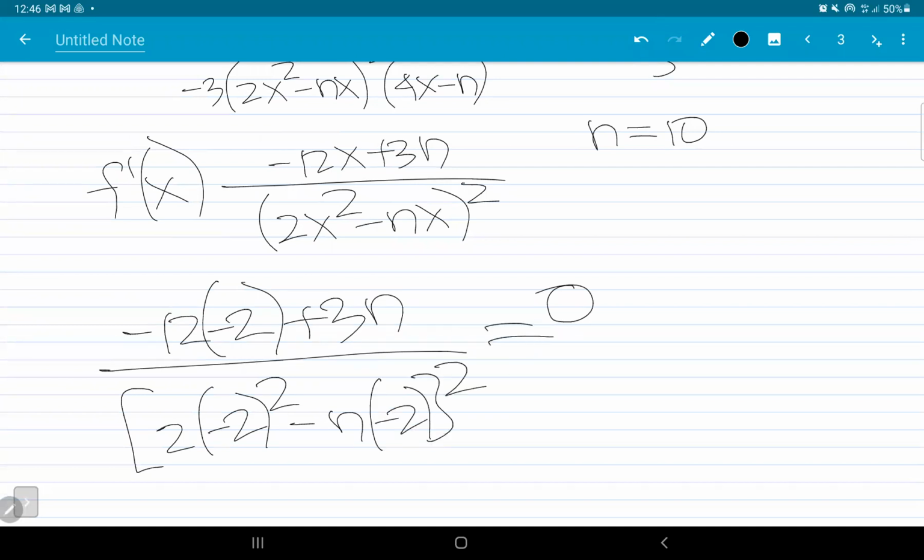Then it will zero out, resulting in an equation that allows you to solve for n. So yung x papalitan ng -2 because there's a horizontal tangent at x equals -2, and then you equate it to 0. That's the idea there to solve the problem.